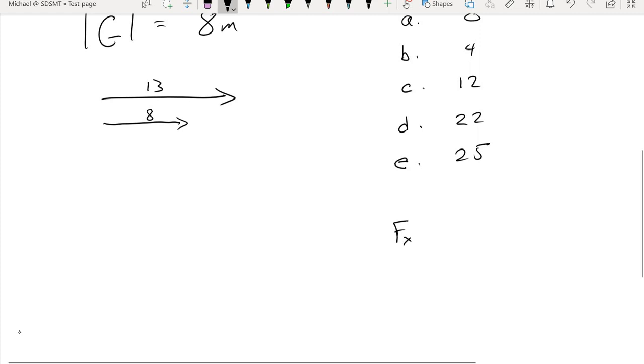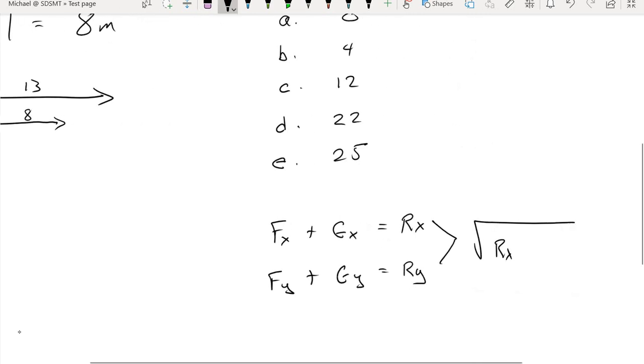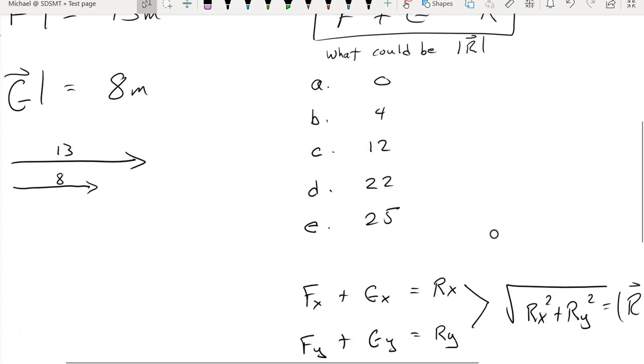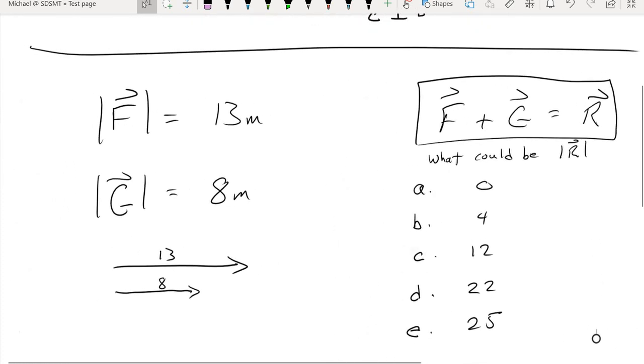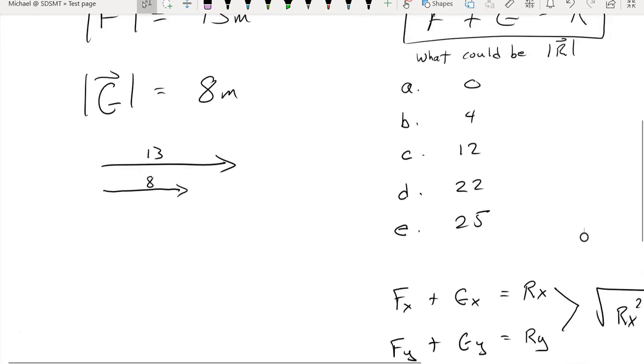So in other words, I would need to know the x components of the two vectors so that I could find the x component of my resultant. I would need to know the y components of my vectors so that I could find the y component of the resultant. And then I could put these together with my magnitude mantra to find the magnitude of the resultant vector itself. Well, so how am I supposed to do all of that if I don't know where these vectors are pointing? And that's why this is more of a hypothetical question than anything else.